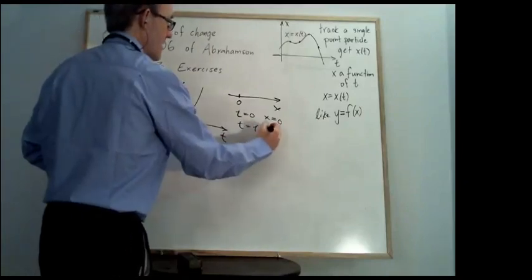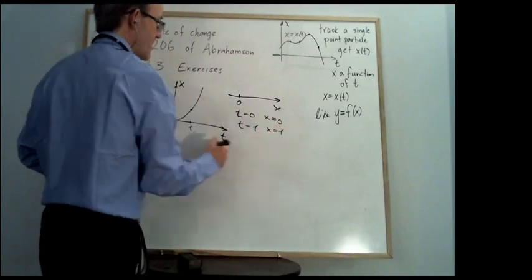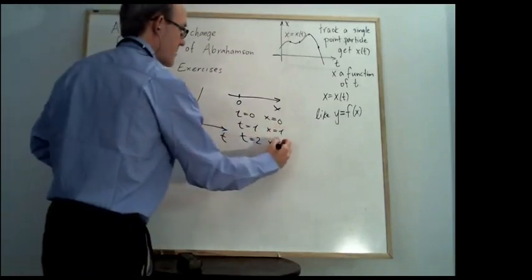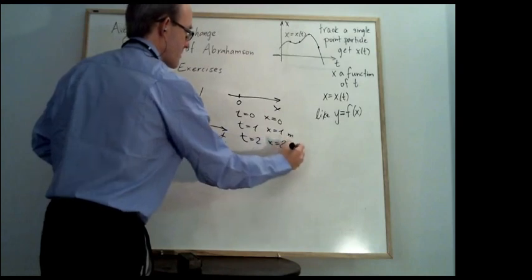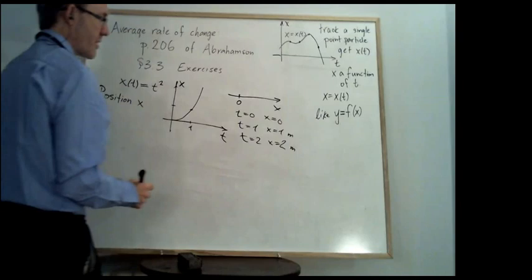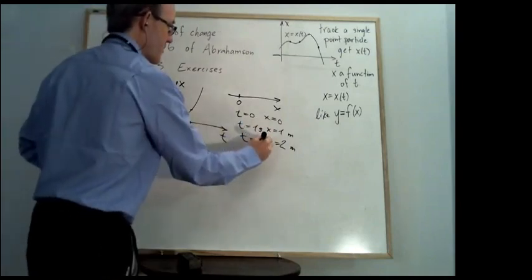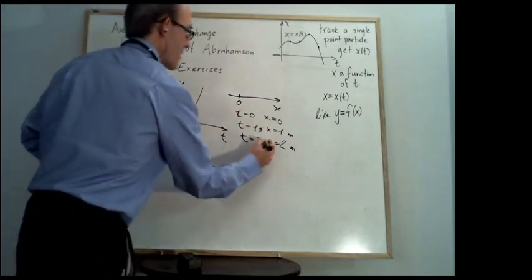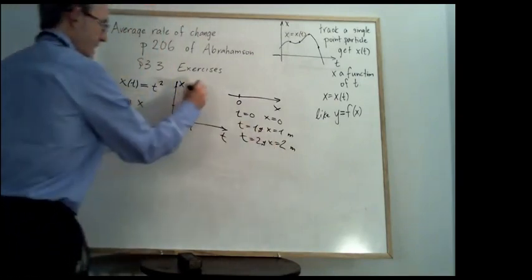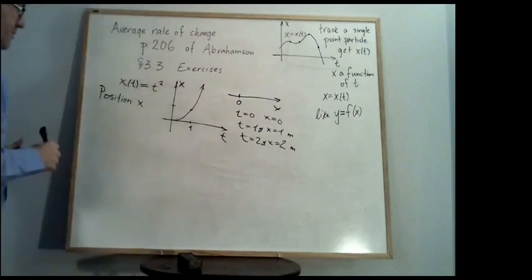So at 1 second, x is already at 1 meter. At 2 seconds, x is at 2 meters. m is the unit for meter, seconds is the unit for seconds. And it keeps on going like that.